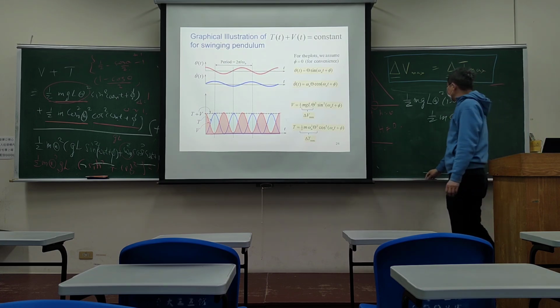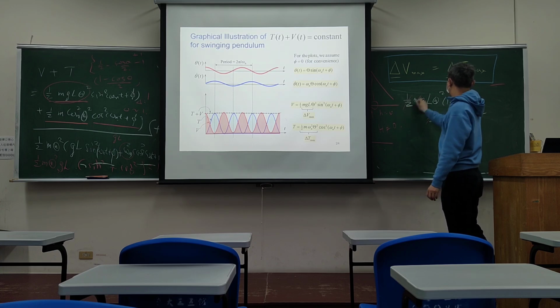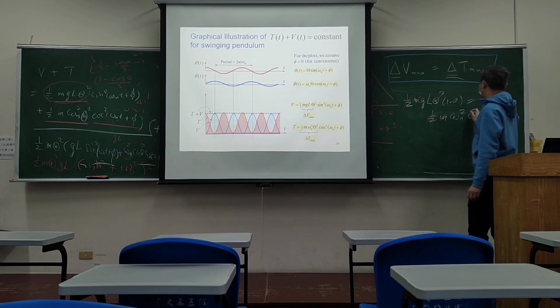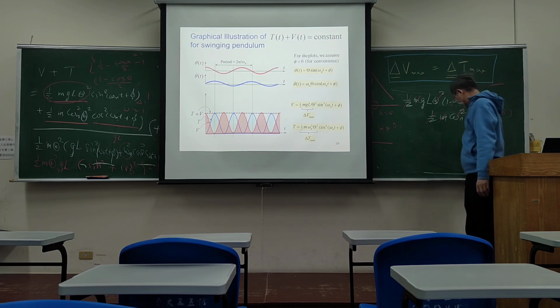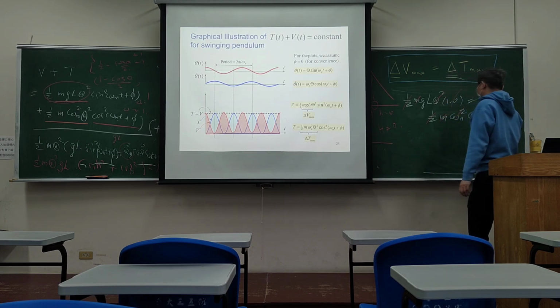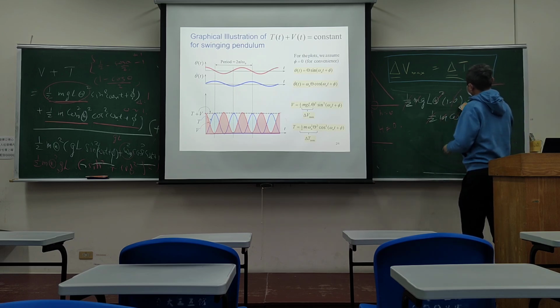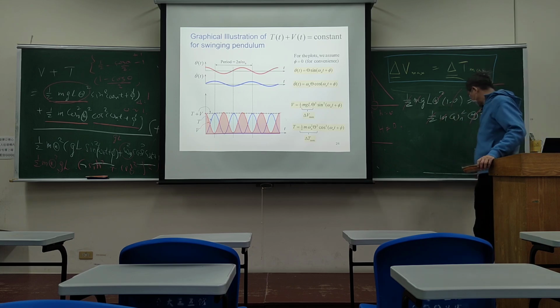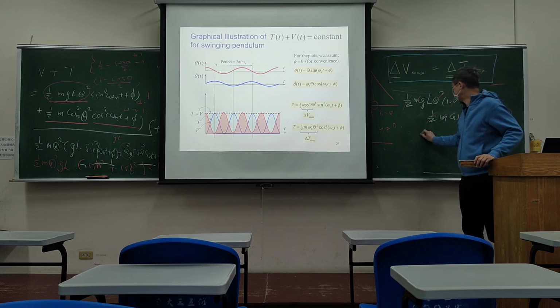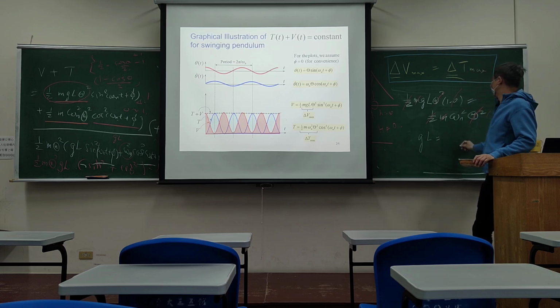So if you now cancel out a common term, then you find that, sorry, this is not the omega to be cancelled out. Yeah, the one cancelled out is the amplitude. So after simplification, you have the gl.